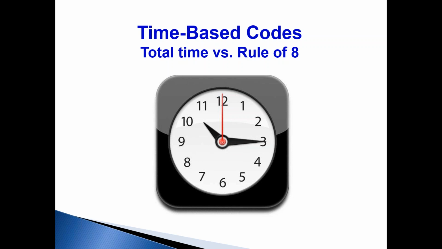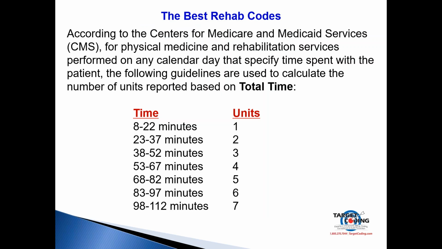If you get pulled over by an insurance company, a malpractice case, or a state board, they're going to ask you for your license, registration, and insurance card. All of that is built into your office billing and coding policy manual. So you should have one and include what is your policy on billing for time-based codes. This is what it should be. For total time, insurance companies that use total time, there are 2 schools of thought.